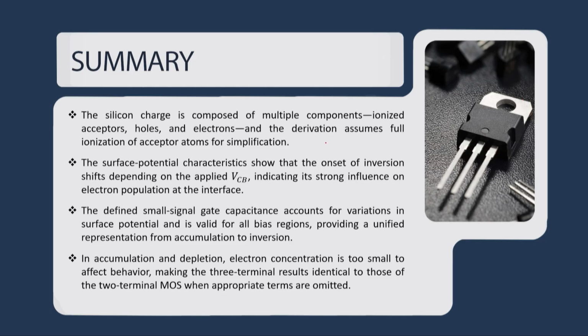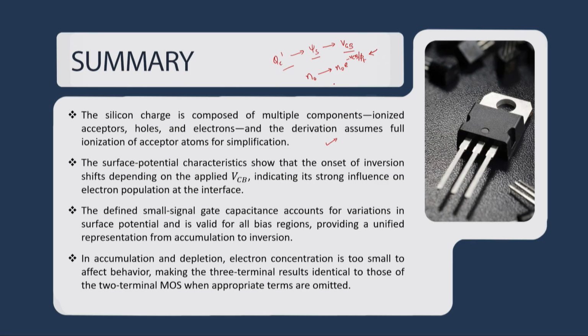So, let me summarize. In this lecture, we have thoroughly analyzed the 3-terminal MOS structure in terms of channel charge, surface potential, and applied gate to body voltage. We have seen that all the equations we derived earlier for the 2-terminal MOS hold good for the 3-terminal MOS. The only difference is you need to replace n naught by n naught into e to the power of minus VCB divided by phi t, which says that VCB actually influences the concentration of electrons at the surface.